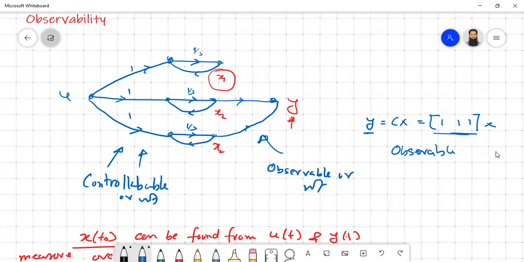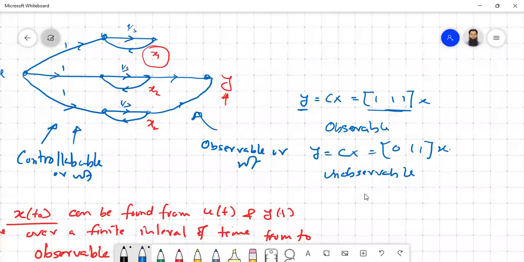In the next one, the red one, y equals 0, 1, 1, so the X1 state is not observable, and we can say the system is unobservable.